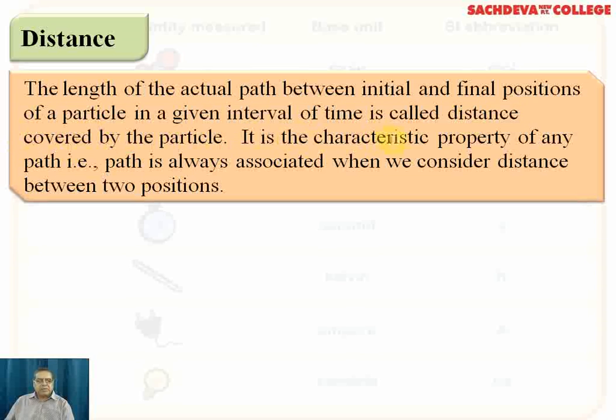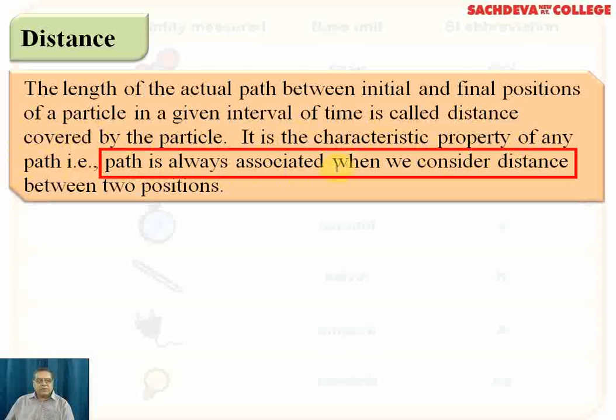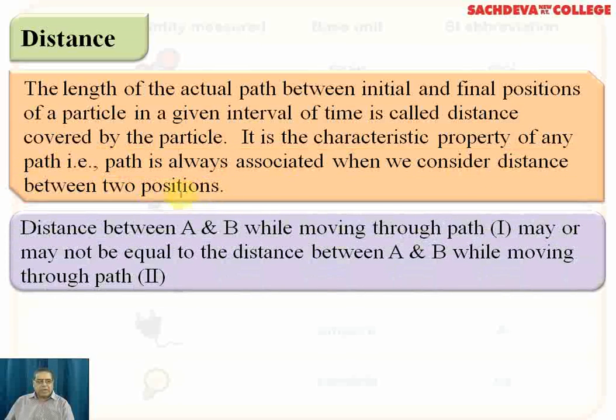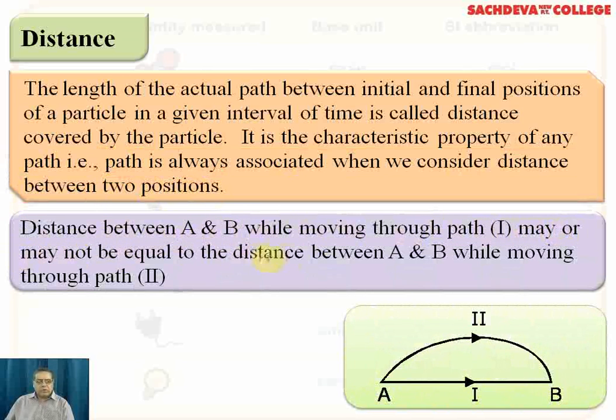The path is always associated when we consider distance between two positions. Distance between A and B while moving through path 1 may or may not be equal to the distance between A and B while moving through path 2. In the figure, A and B are the two points. One path is indicated in a straight line, and the other path is indicated as a curve.